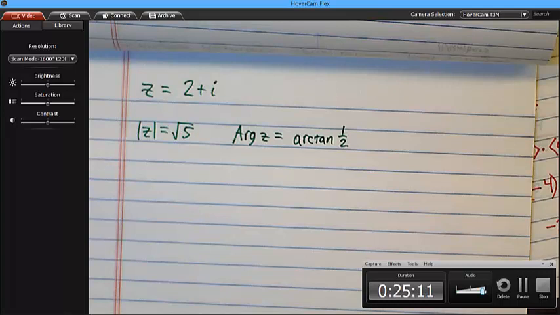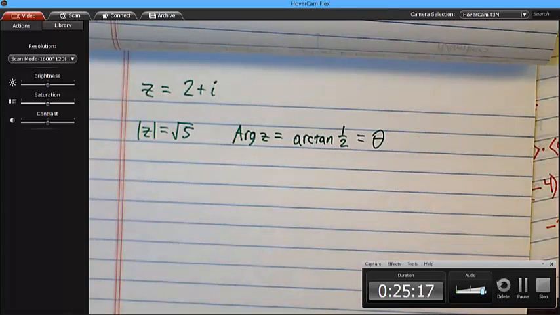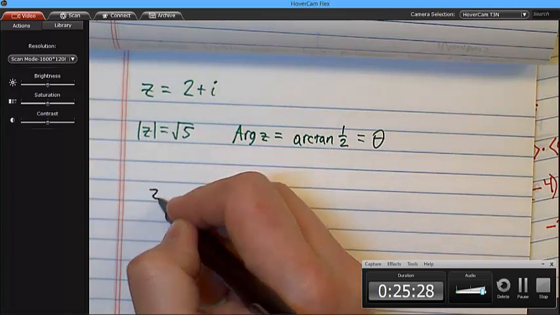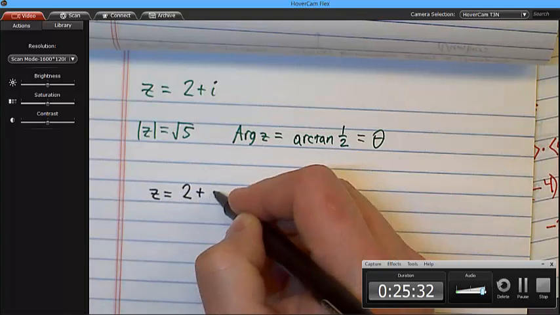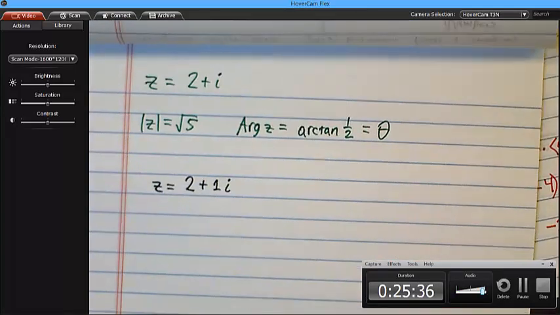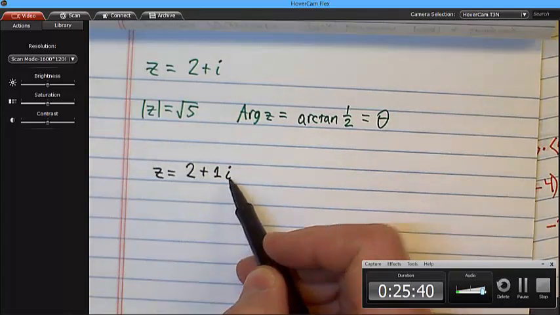And so now, and again, I can call this theta if I want, what I'd like to do is write the polar form of the complex number. Now I know that Z is equal to 2 plus 1i, where i puts me in the y direction.